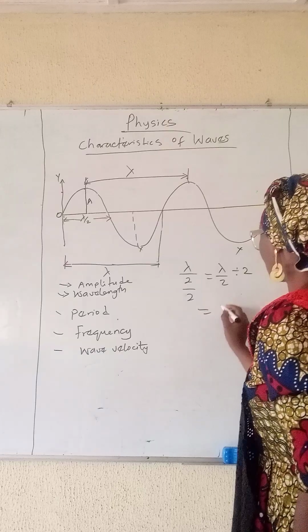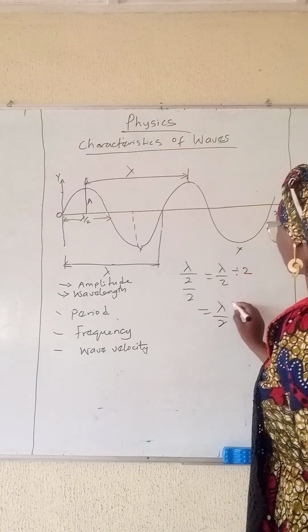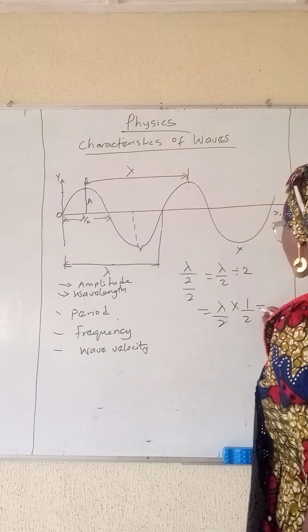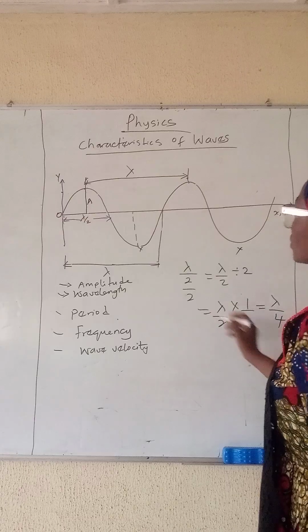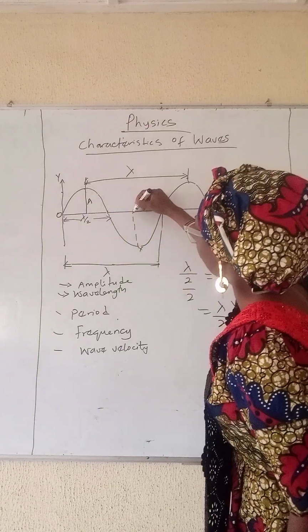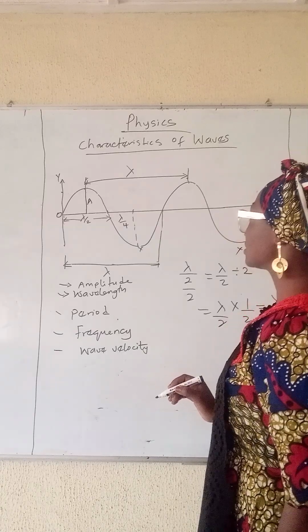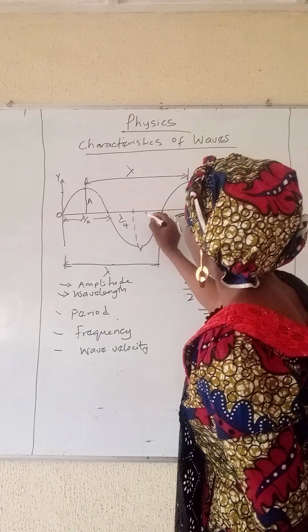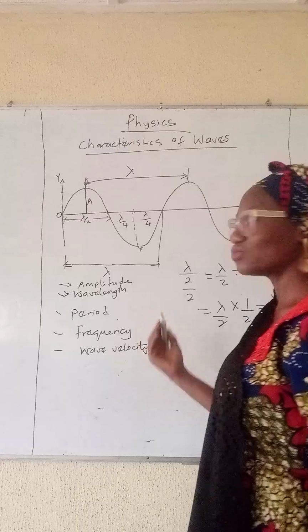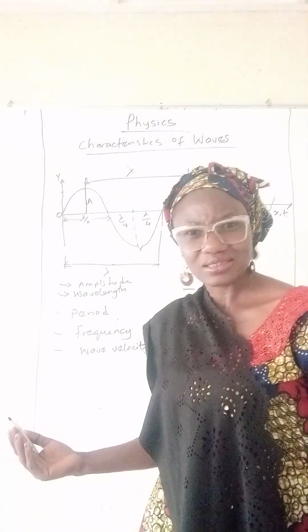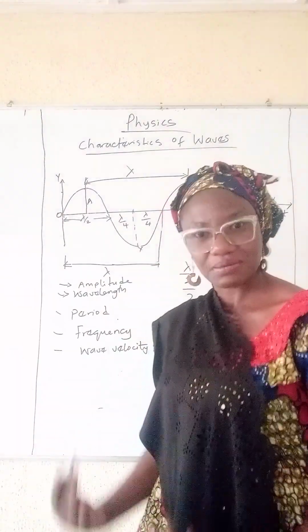If I change this to multiplication, we'll have 1 over 2 times this, which will be equal to lambda over 4. So from here to here is lambda over 4, and even here to here is also lambda over 4, which makes sense. It means a quarter of lambda.